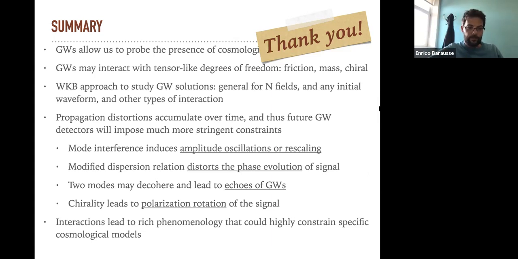Hi. Yeah. So you mentioned propagation effects and these distortions that you can use to test the dispersion relation. I have two questions.